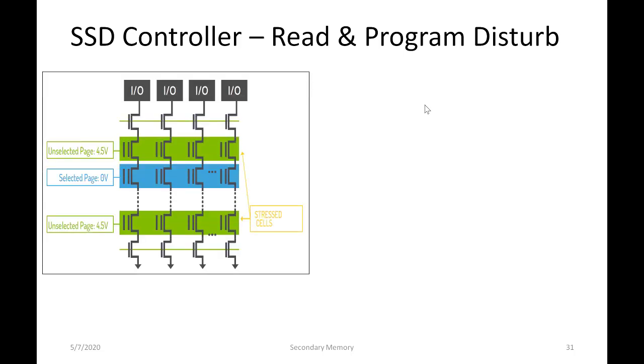So here is an abstract representation of how the read disturb can look like. If we are trying to read this page, the page just beside it can have a high voltage applied, mainly to deselect it, so its cells can get disturbed.